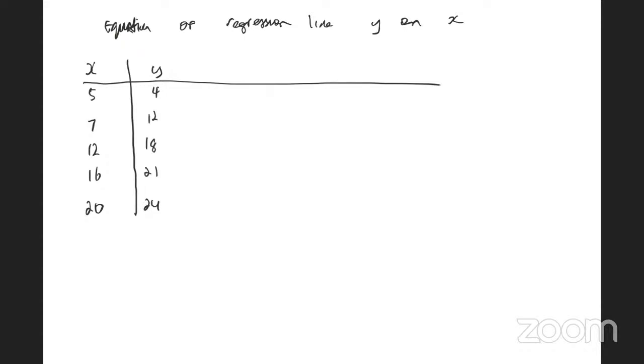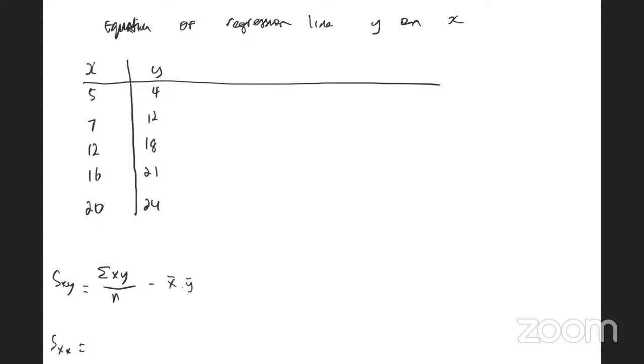So if you look back at the formula, we need Sxy and Sxx. So to get Sxy, remember we needed the sum of x, y, all over n, sum of x by sum of y.